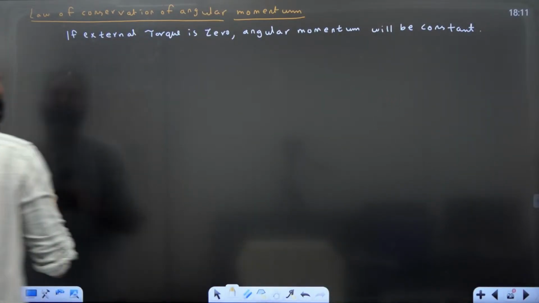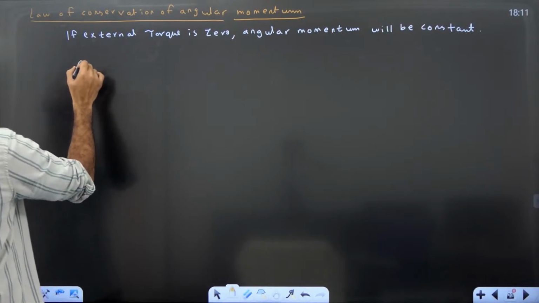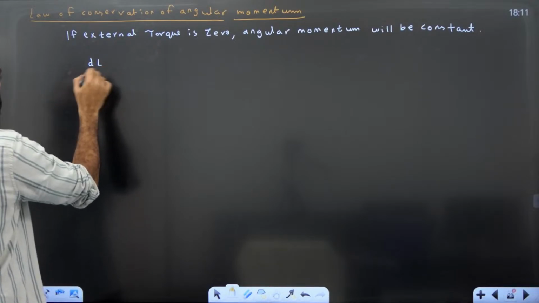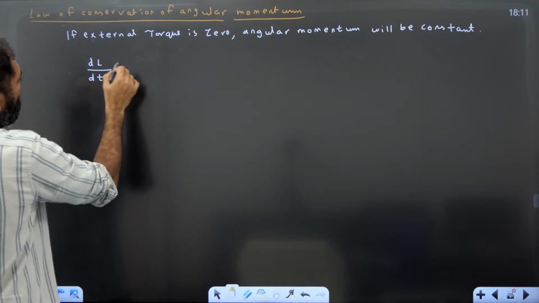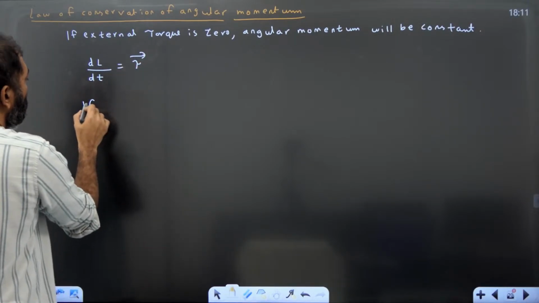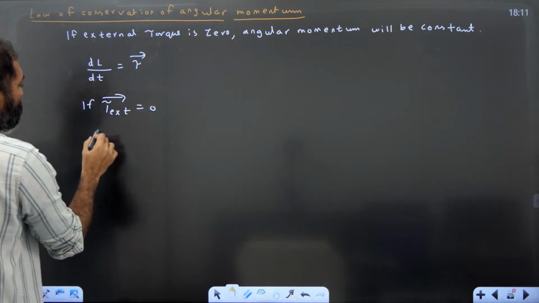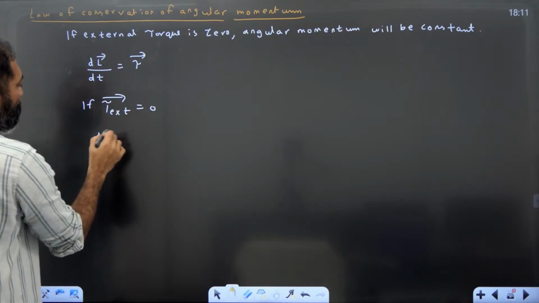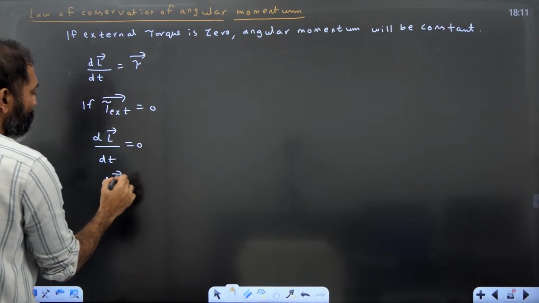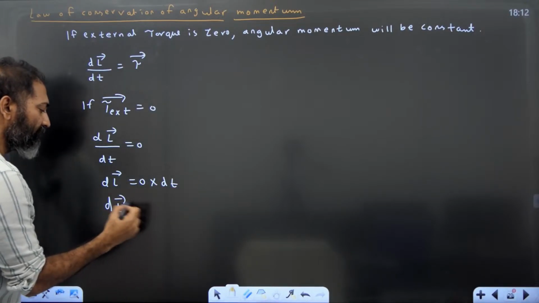External torque 0 means what? What is our last equation? dL by dt is equal to what? The rate of change of angular momentum is torque. If external torque is equal to 0, then dL by dt is equal to 0, which means dL equals 0 into dt, that is dL equals 0.